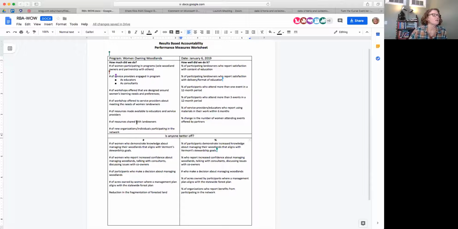So what we're left with is we've got some satisfaction going on about the content of the education and the delivery form, that you were seeing an increase in attendance of other programs as a proxy to satisfaction, and then that they're attending more than 3. So these are a variety of ways of noting satisfaction. And then the final one would be the number of women who are attending, like the ratio of women to men in all of your programming?